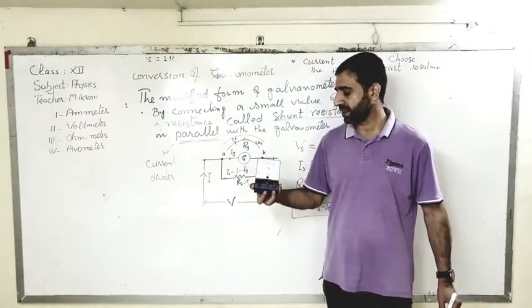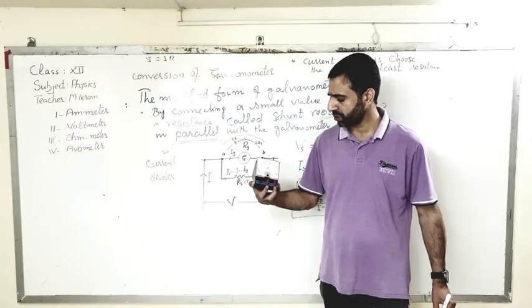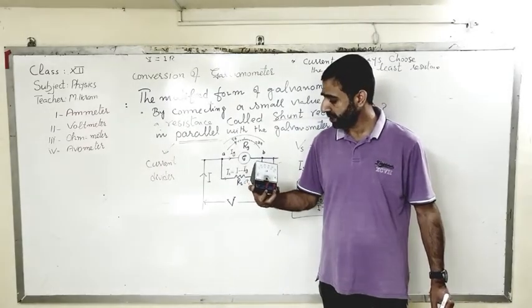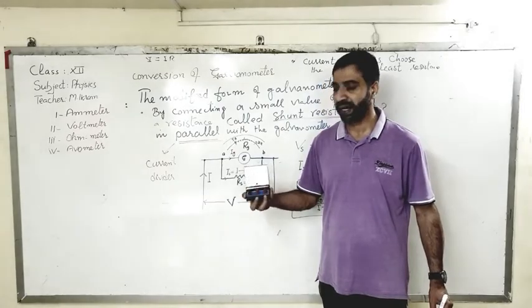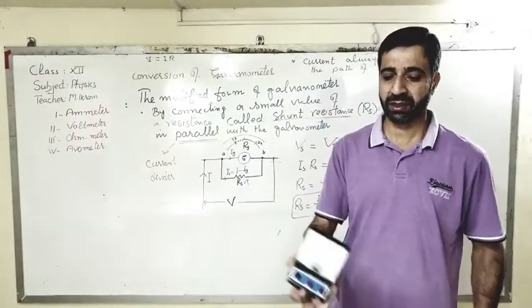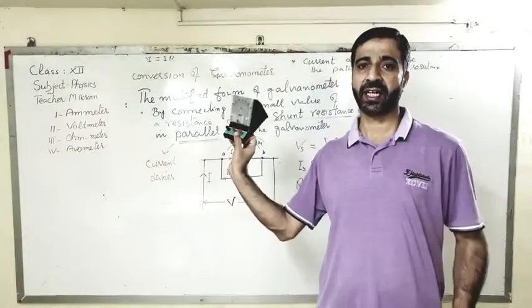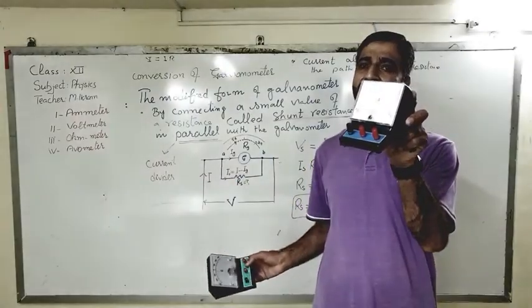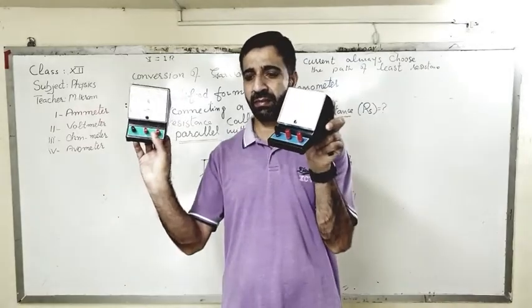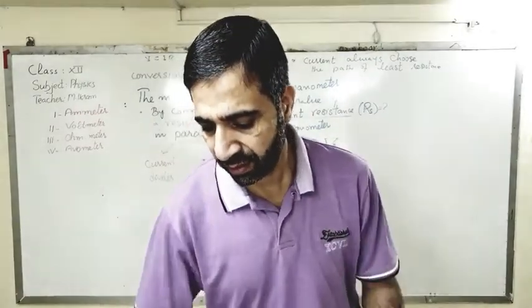This is a multi-range ammeter. There are two ranges, one for 100 ampere and the other for 100 milliampere, and another for 500 milliampere. So this is how your galvanometer is converted into your ammeter. Both have the same shapes and the same kind of connectivity.